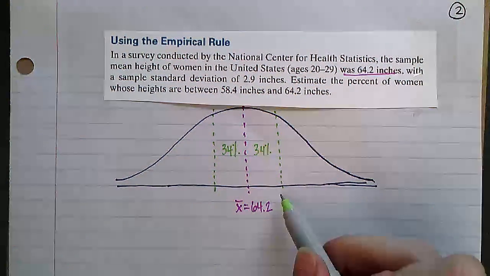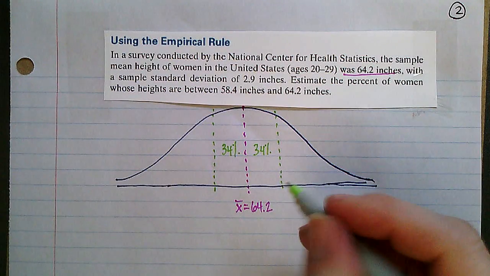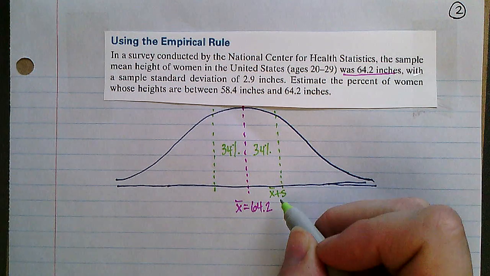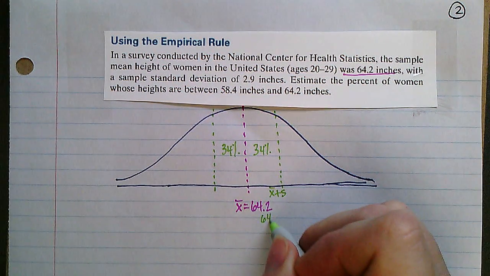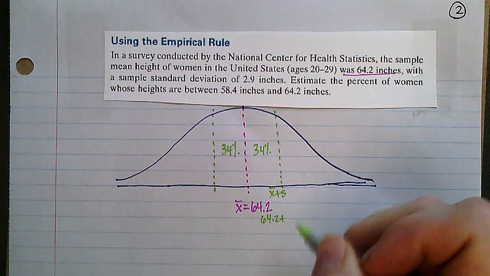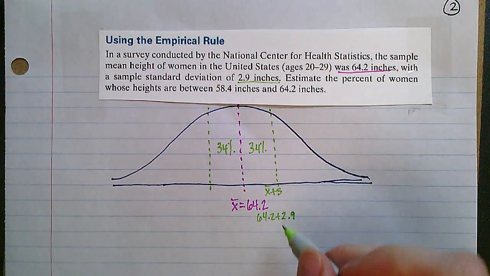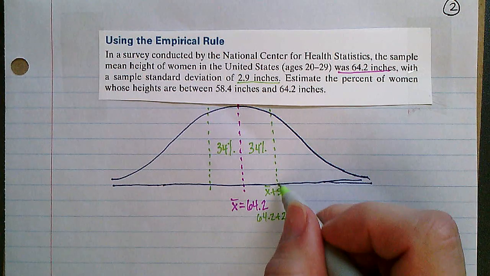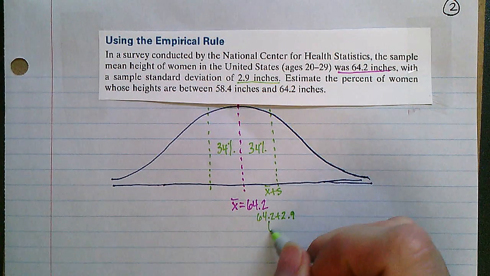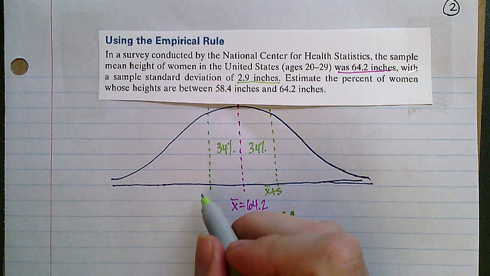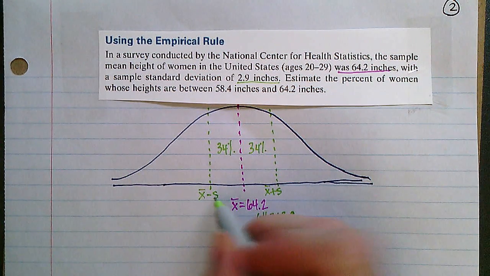And then the numbers that we'll label this is going to be X bar plus S, so one standard deviation. So we have 64.2 plus the standard deviation of 2.9. So this point right here will be labeled 67.1 inches. And then below the mean, we do X bar minus one standard deviation.